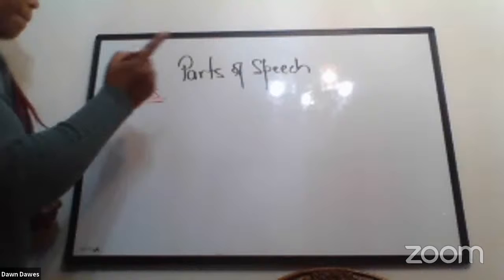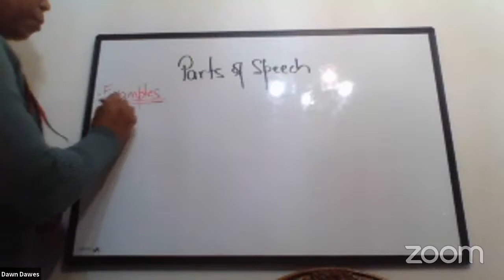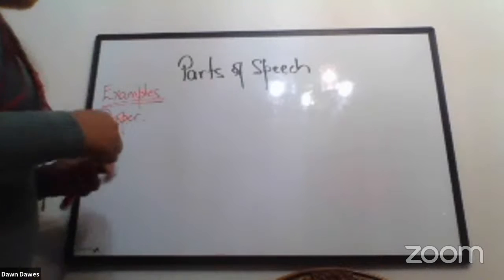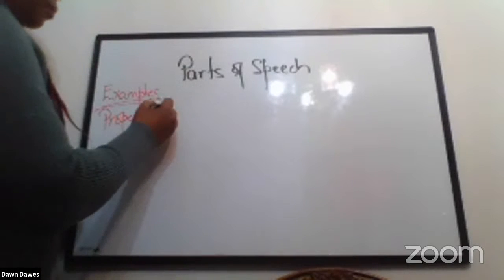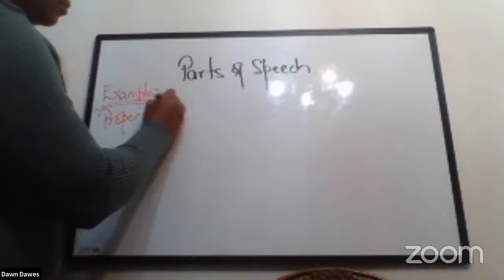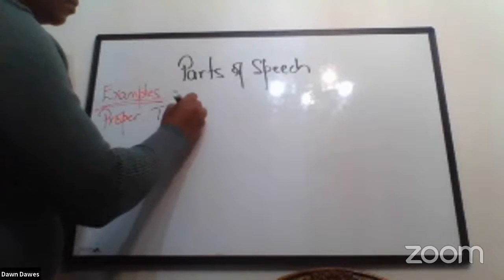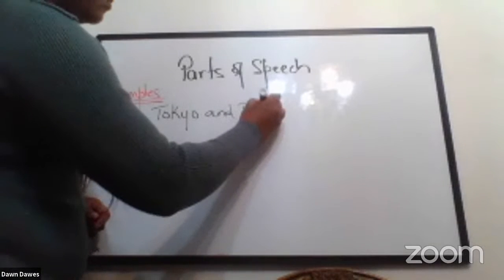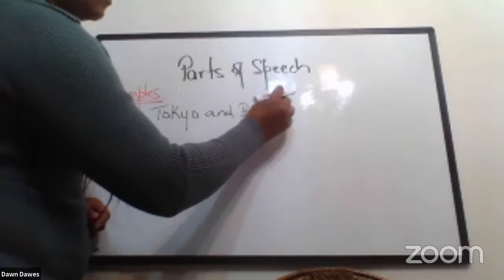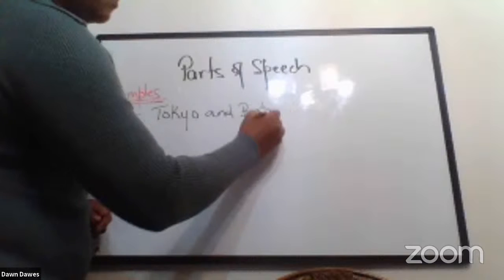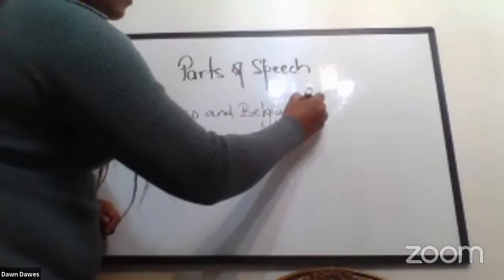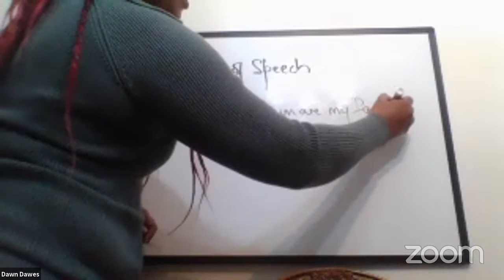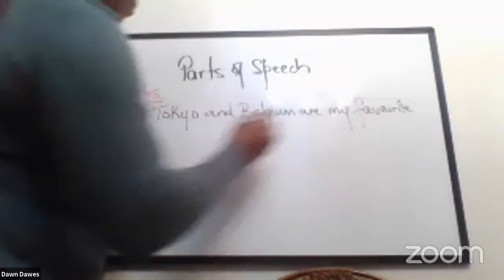So we started off with the proper. Example. This marker seems as if it is going down.